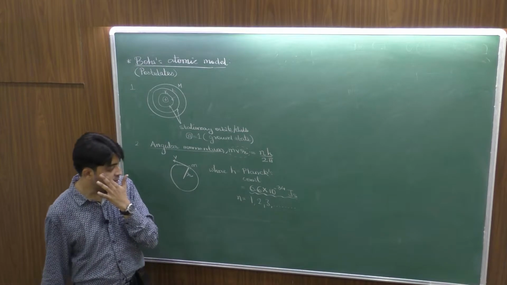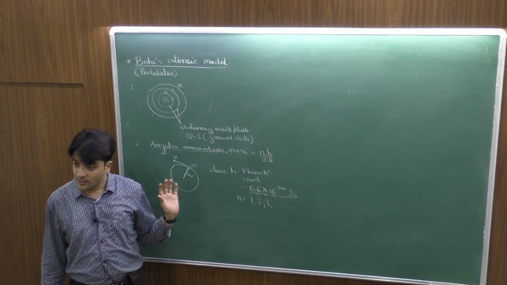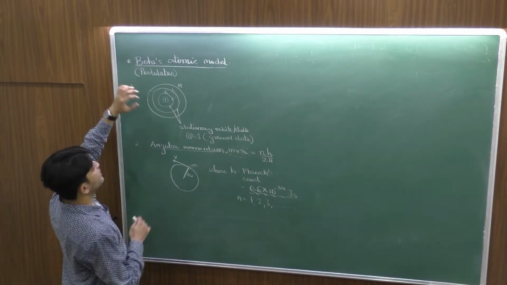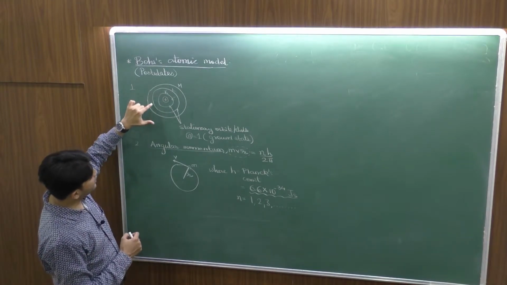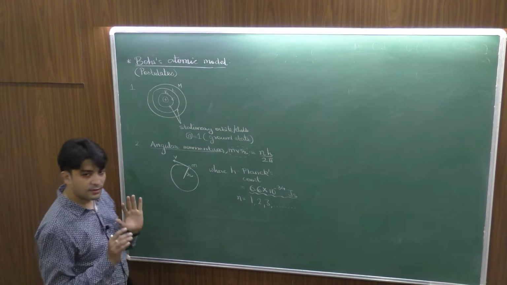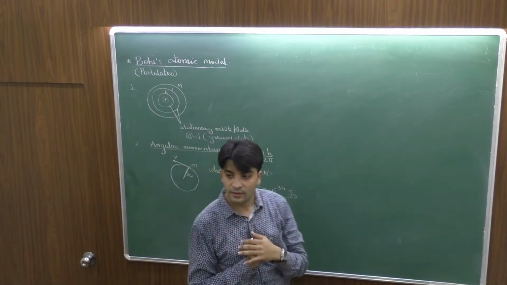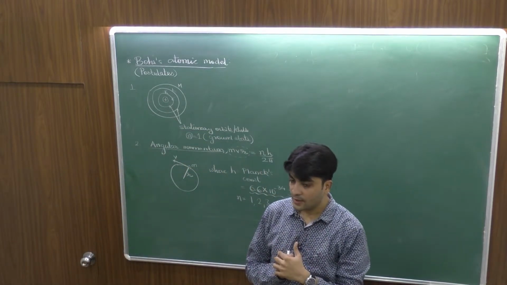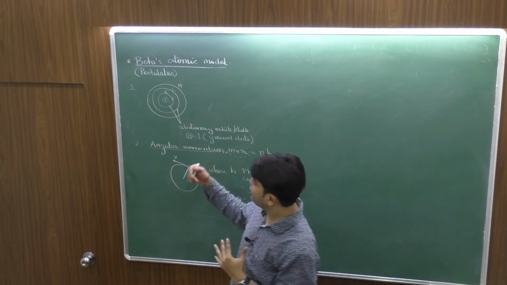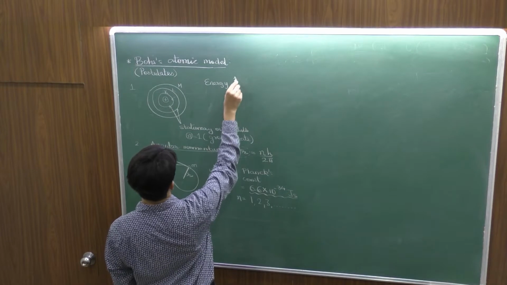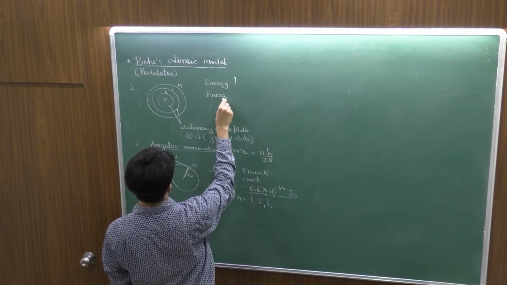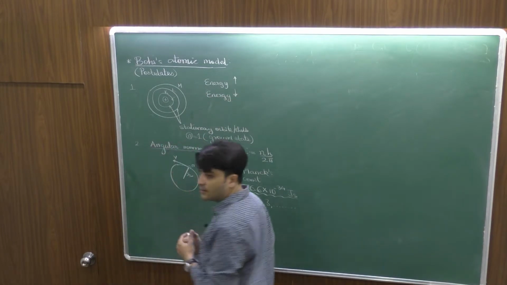Anyways, we'll come to that. Have you understood till here? Now, very importantly, in the first postulate, Bohr stated that as long as the electron is revolving in a fixed orbit, the energy is always fixed. Correct? But let's say the energy of this electron is increased or decreased.